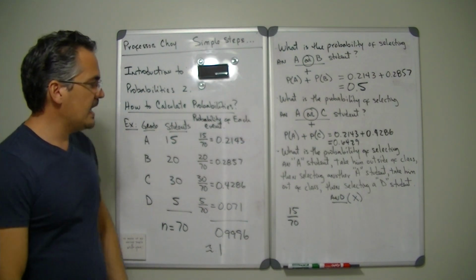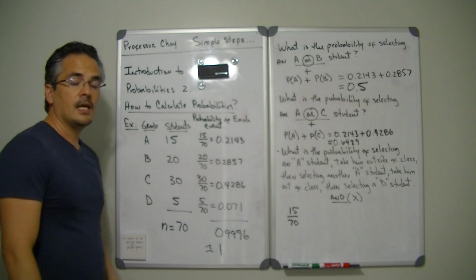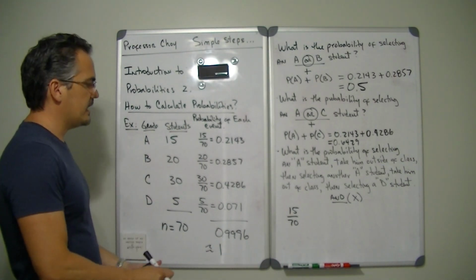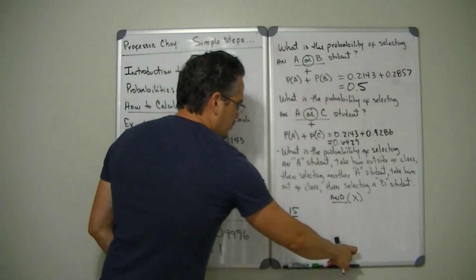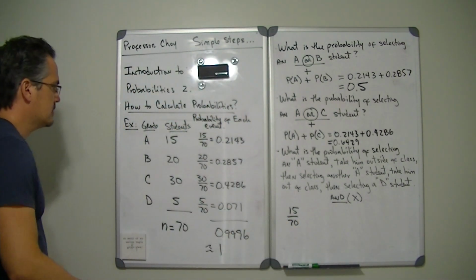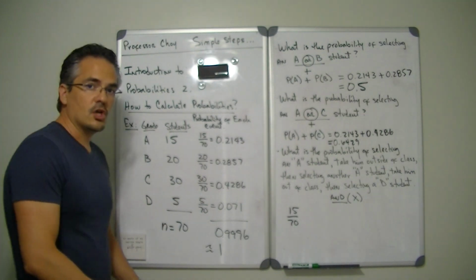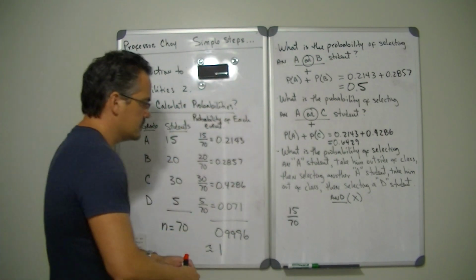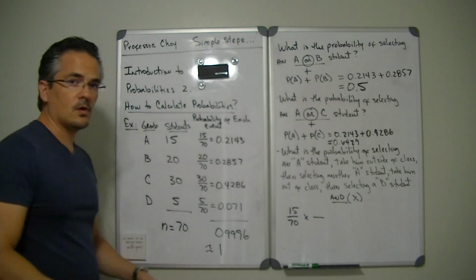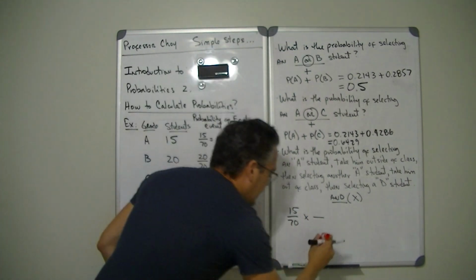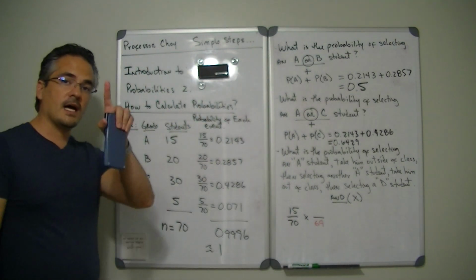Alright, now it's telling you that we're going to take that student outside of the class. Now, because we're taking that student outside of the class, we're going to be losing a student from the total number. So on the next sequence, we're no longer going to have a total of 70 students. We're going to have a total of 69 students because we took one out of the class.